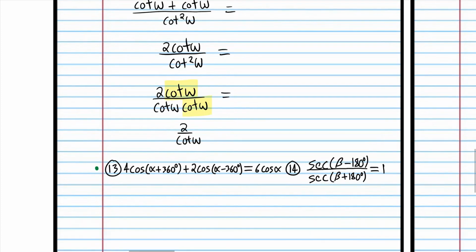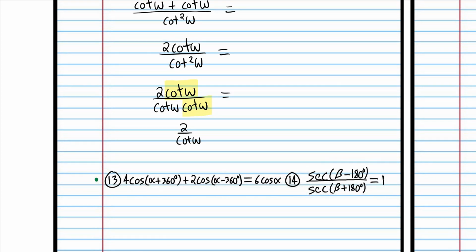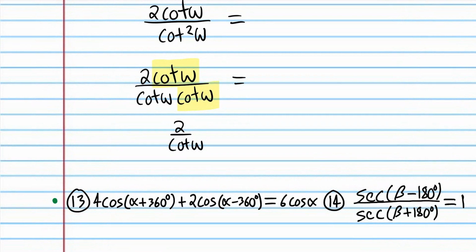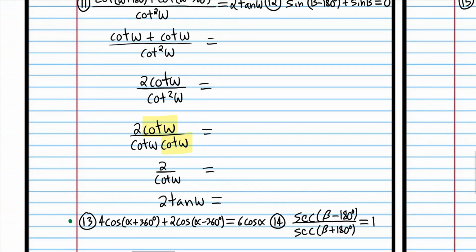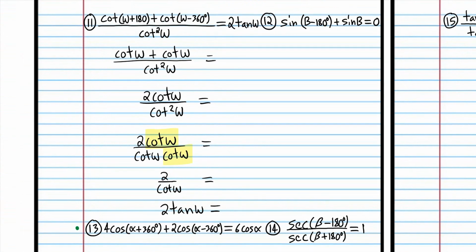And I'm going to make a little more room here. And then we can just bring that cotangent up to 2 tangent omega, and you see that we've proved the identity, and that was a reciprocal identity.